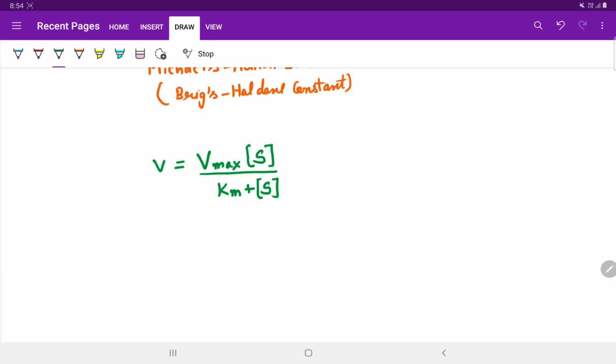So this is the equation where V stands for the measured velocity.